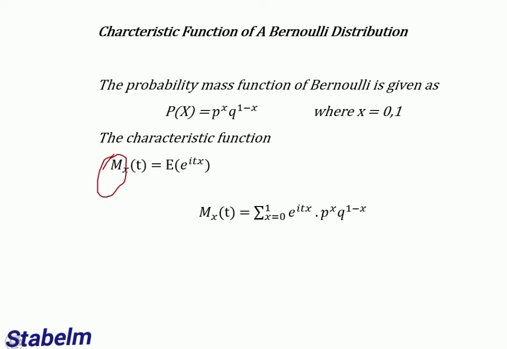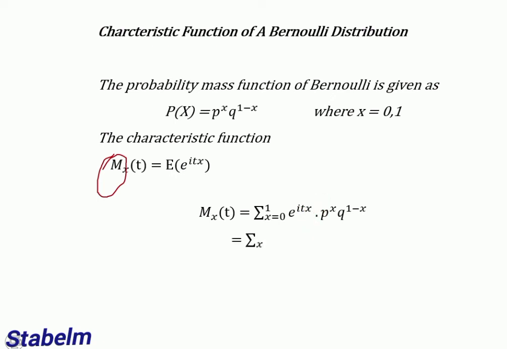Since we are dealing with Bernoulli, this is the probability mass function of Bernoulli, so we multiply the two together. It gives us the characteristic function of a Bernoulli distribution. And as we know, this is raised to the power x and this is raised to the power x, so we can match these two together.